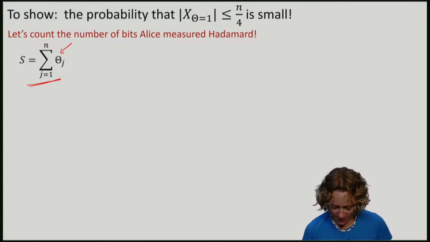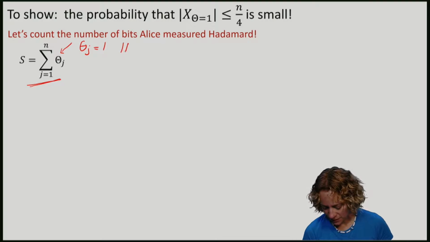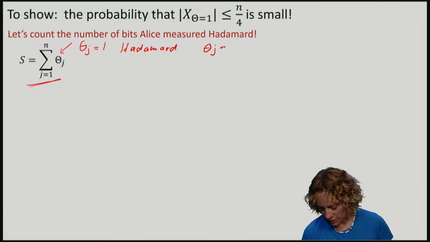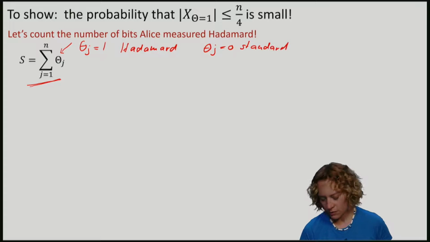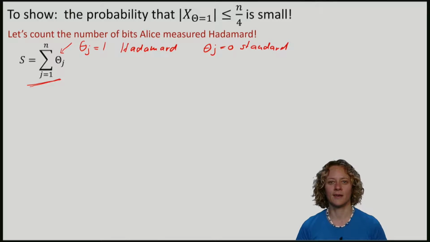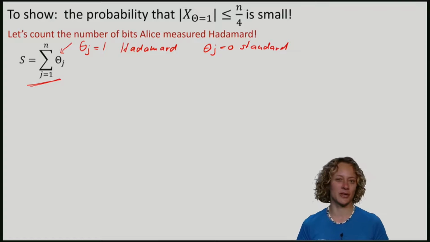And remember that theta being 1 was Hadamard, and theta being 0 was standard. So indeed, S gives us the number of times Alice measures in the Hadamard basis.